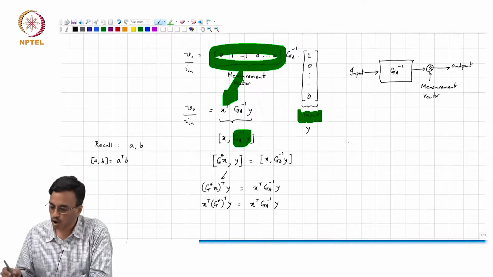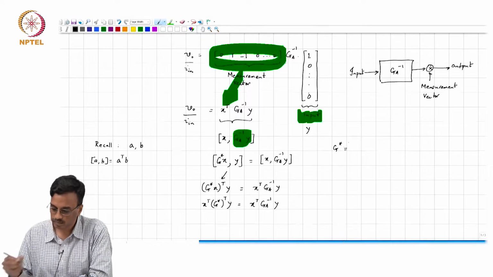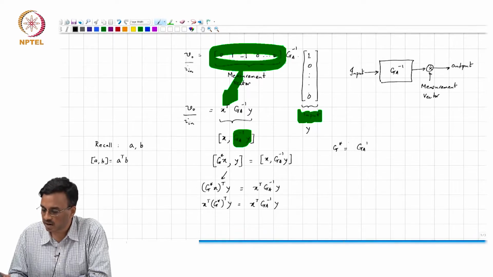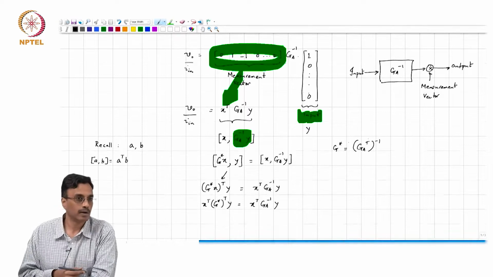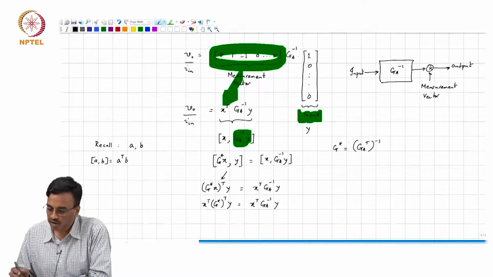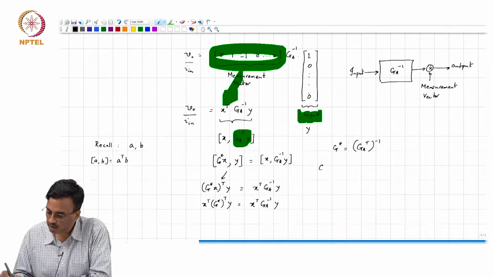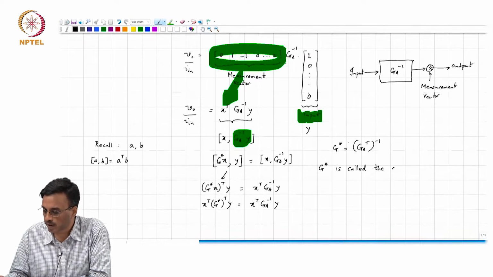So, what comment can we make about G star? It is GA transpose inverse, or inverse transpose, it does not matter. Okay. So, in mathematics this G star is called the adjoint operator.